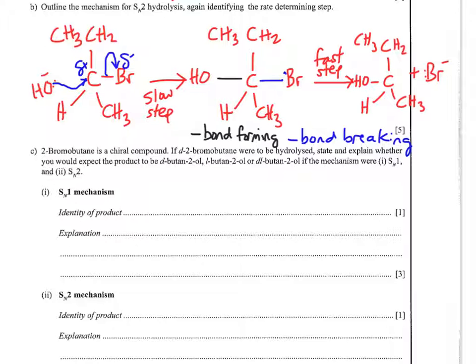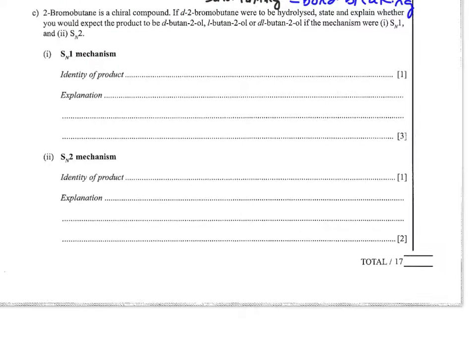So the next part of the question talks about bromobutane's chirality. Let's move it down and just highlight that particular part of the question. What you don't have to concern yourself with is the orientation of the groups in D-bromobutane or L-bromobutane.